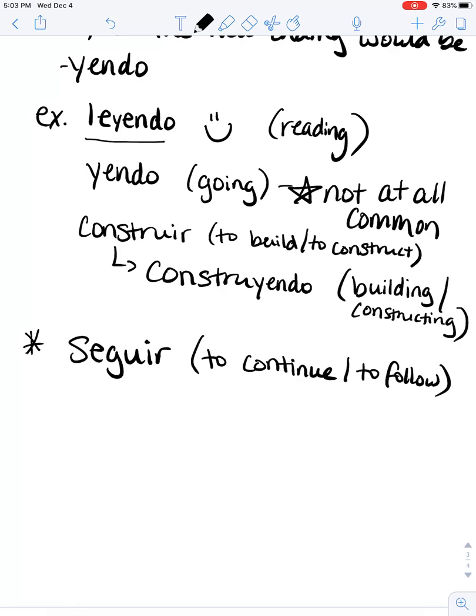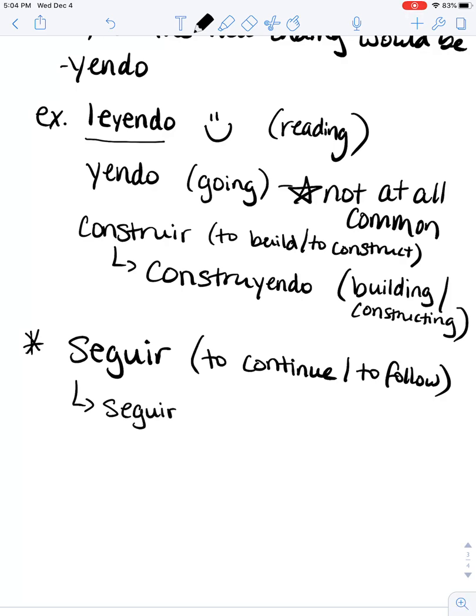So seguir is a little weird. We have two things going on. First, it's a boot verb, which we're going to talk about in a little bit. But second, let's take a look at this.